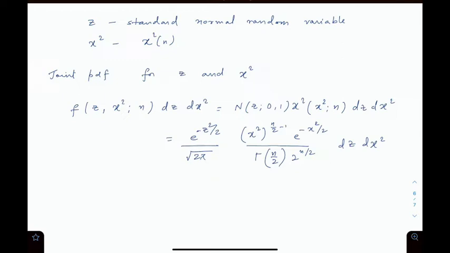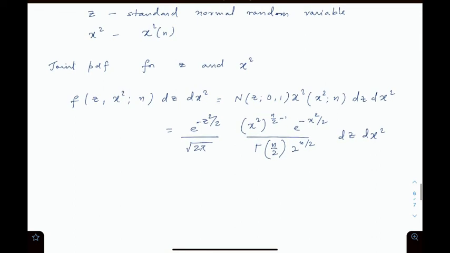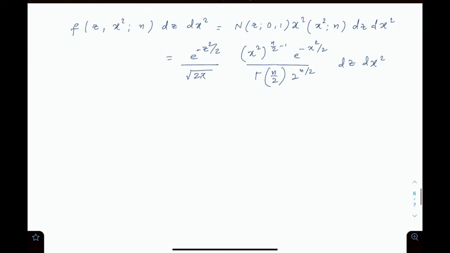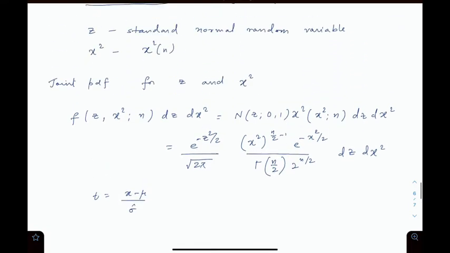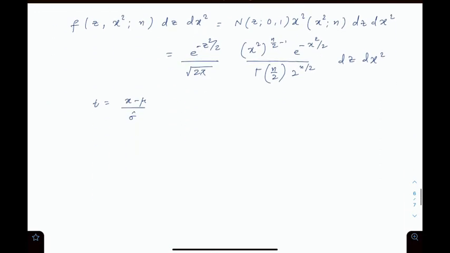Now we make a change of variable based on this relation, and we rewrite this distribution in terms of t and chi-square. Or directly using t equals z by root chi-square by n. So this allows us to write f of t and chi-square with n as a parameter.